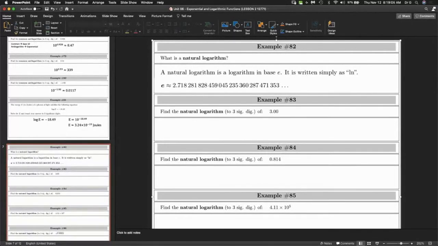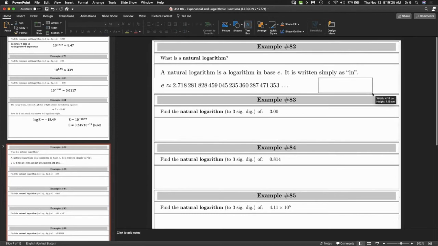So on your calculator, there's a special button for it, and the button is called ln. So you see here it says it's written simply as ln. So when you see ln, it means that it's base E. I'm just going to my notes here to find my numerical solutions as a comparison.